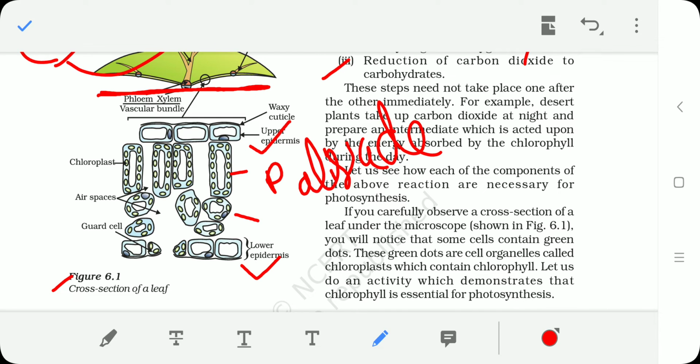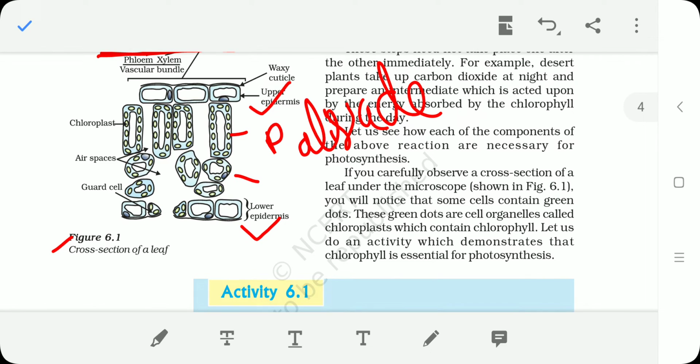Plant leaves have a greater number of chloroplasts than other parts of the plant. So here the chloroplast number is more. Another point is that the upper surface of the leaf looks dark green because of the presence of more chlorophyll and chloroplasts, and the lower surface of the leaf is light green in comparison to the upper surface.